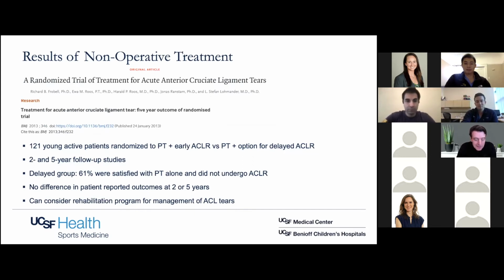But it obviously has to be a shared decision making with the patient, right? No one needs their ACL reconstruction. You can function doing day-to-day things, but if people want to get back to pivoting activities or skiing or snowboarding, things like that. Does having an ACL injury prevent people from getting back to lower demand sports?